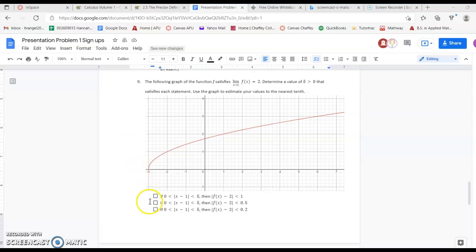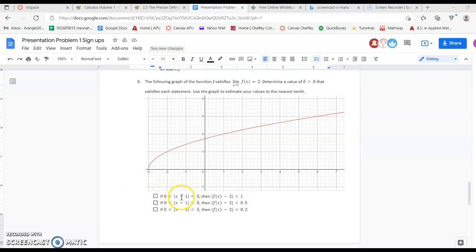So our first statement says if 0 is less than the absolute value of x minus 1, which is less than delta, then the absolute value of f of x minus 2 is less than 1. I know it sounds kind of confusing, but we're just going to put it in the graph.